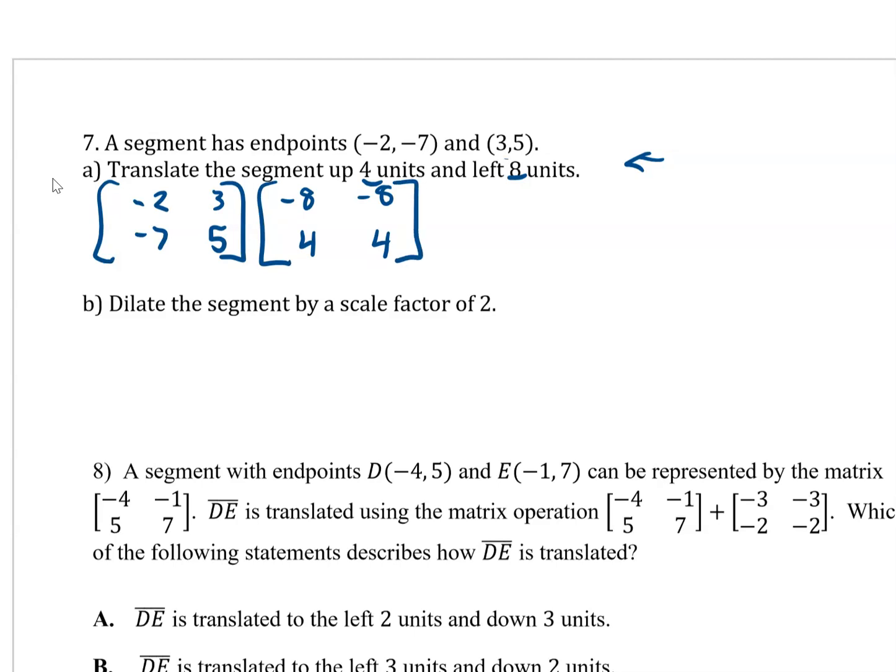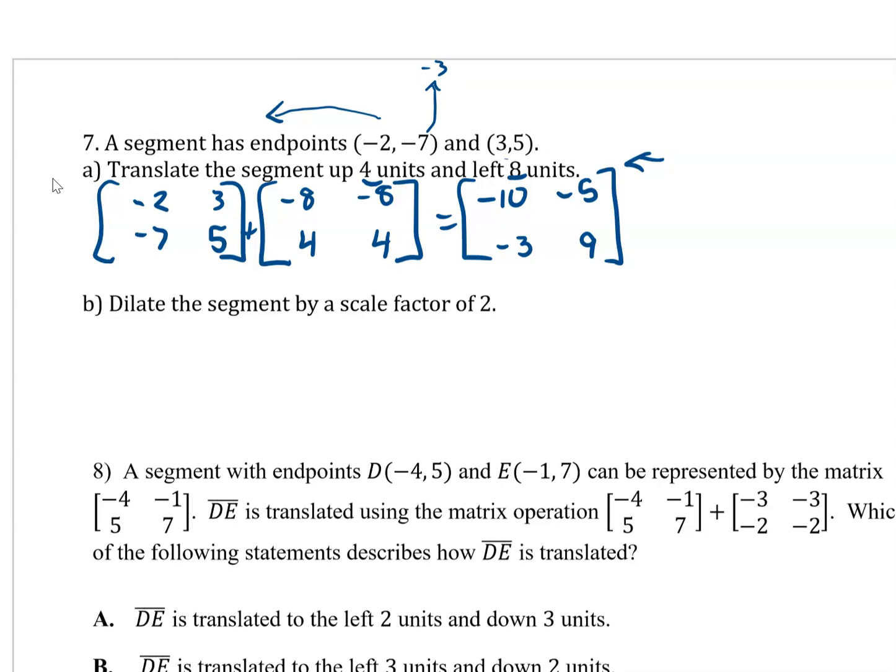So to my x values, negative 2 plus negative 8 is negative 10. Positive 3 plus negative 8 is negative 5. For my y values, negative 7 plus 4 is negative 3. 5 plus 4 is 9. If we want to check, from negative 2, negative 7, if we move left 8 units from negative 2, we move to negative 10 in the x. From negative 7, we move up to negative 3 in the y.